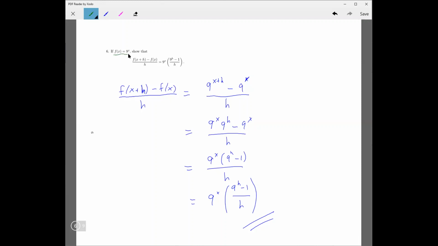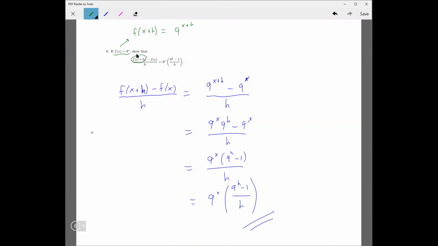Yeah, okay, so f of x is 9 to the x, right? So f of x plus h, this x got replaced with an x plus h, right? So then this x is like, hey, you have to replace me also. I also want to get replaced with an x plus h. So that's going to go here.